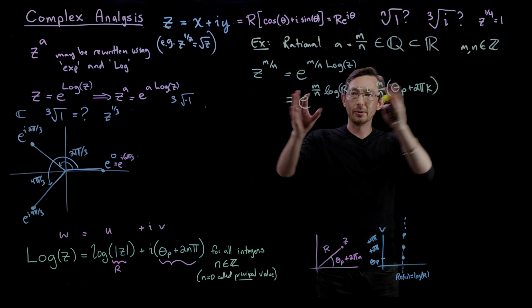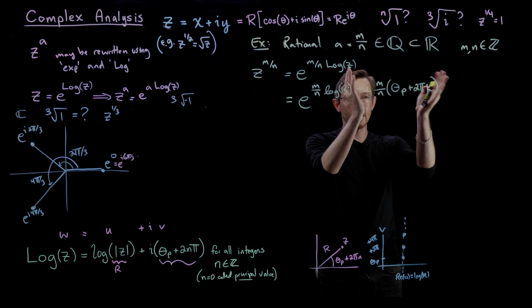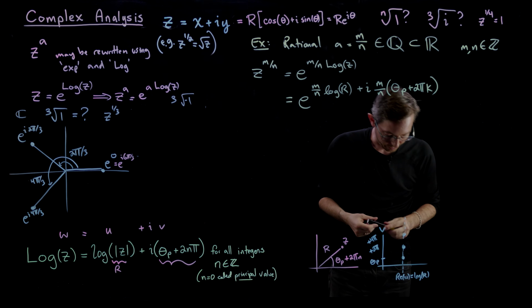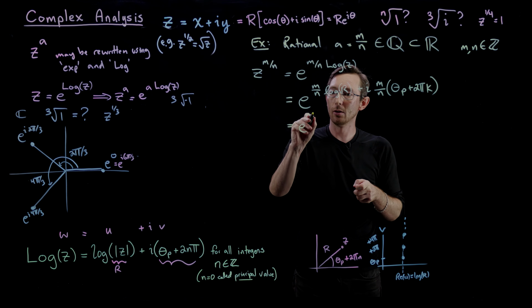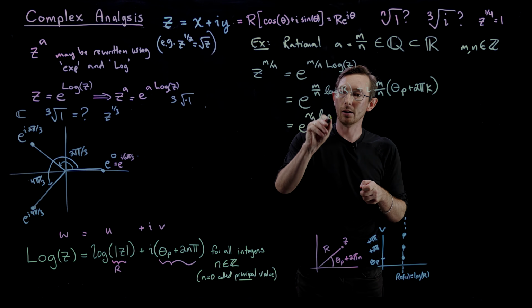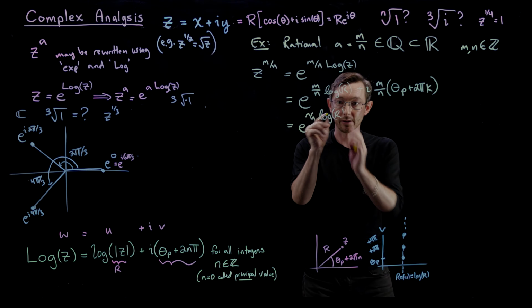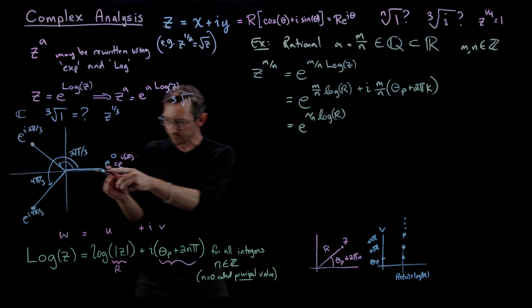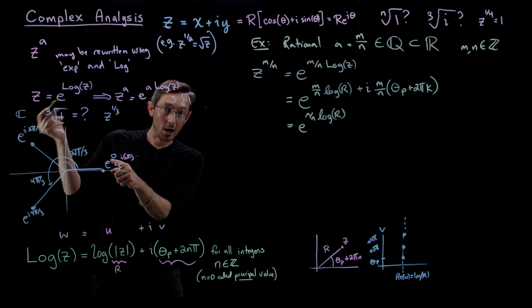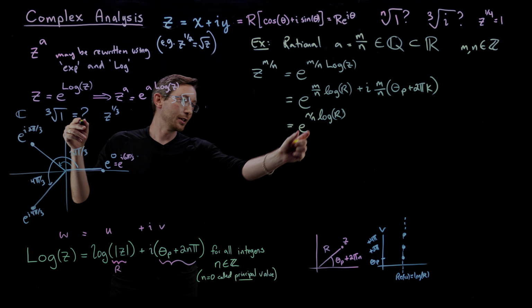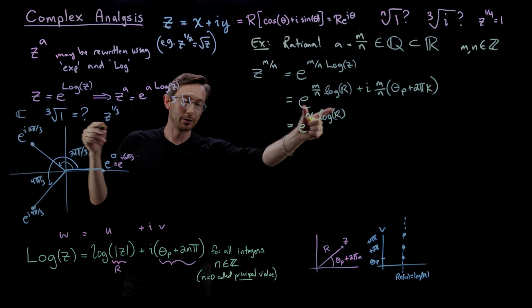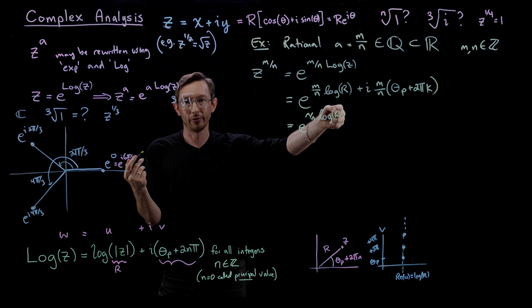And I'm going to break this up into the real part, the magnitude part, and the cosine and sine part. And so this equals e to the m over n log of r. This is only one value. There's only one value here. So I was taking the third root of 1. If I took the third root of 8, then the radius of that would be the third root of 8.